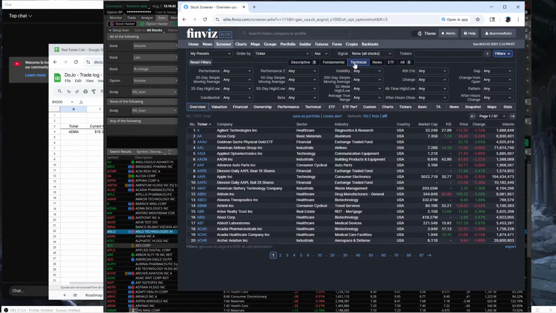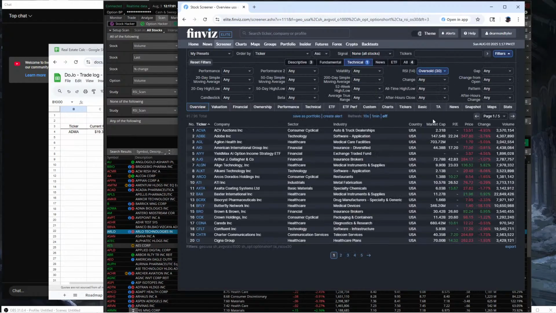Let's get technical. RSI. We want to see what oversold 30 looks like for now.